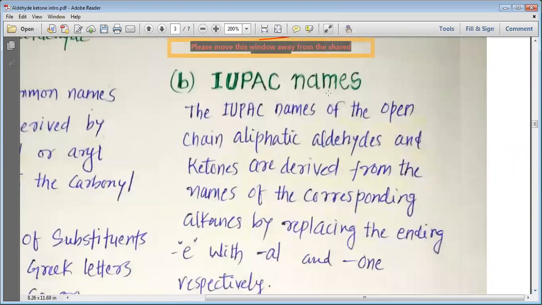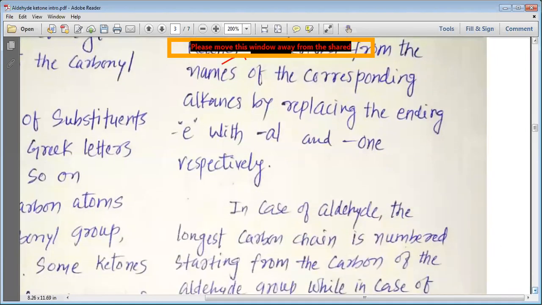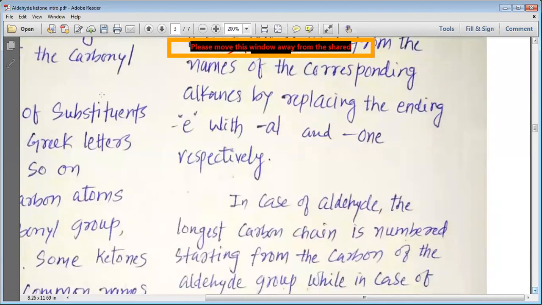Now let's look at the IUPAC names. The IUPAC names of open chain aliphatic aldehydes and ketones are derived from the names of the corresponding alkanes by replacing the ending 'e' with 'al' and 'one' respectively.